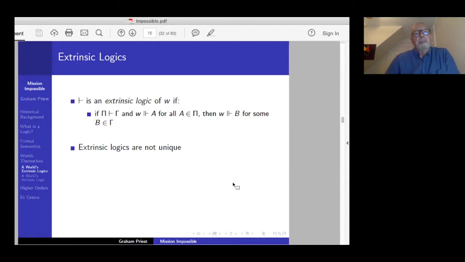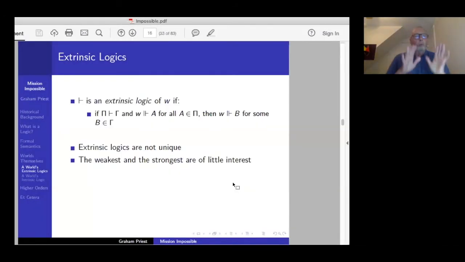And what we've just seen is that the world has many intrinsic logics, okay? So we've got to zero in on one of these as the intrinsic logic. Now, the first few things that you might think of aren't going to work. So an intrinsic logic of a world is something that preserves truth at that world, in whatever language you want to use.